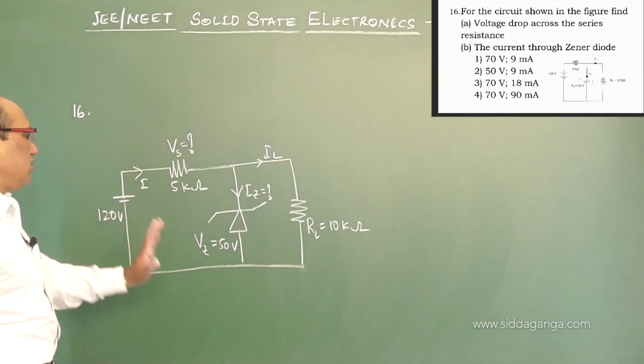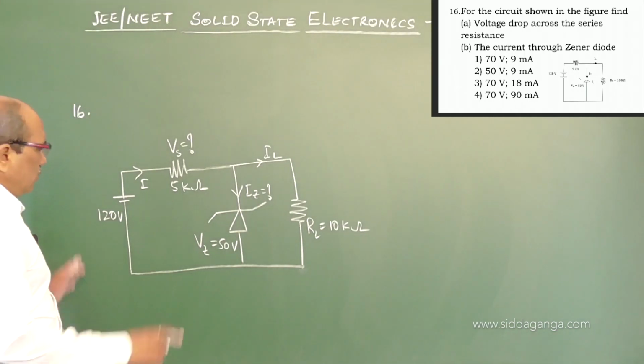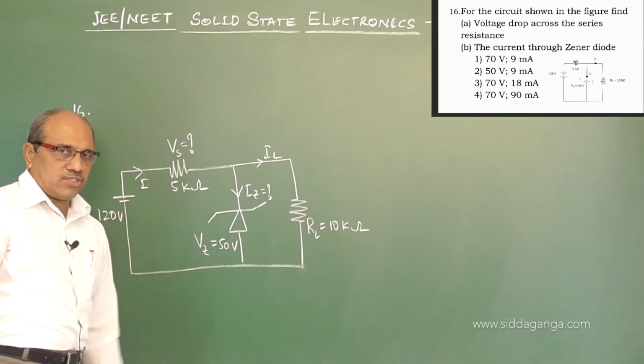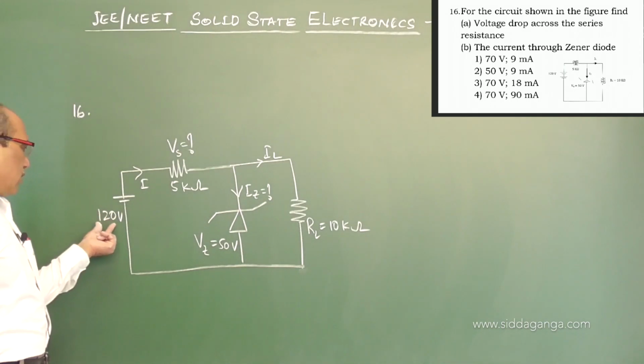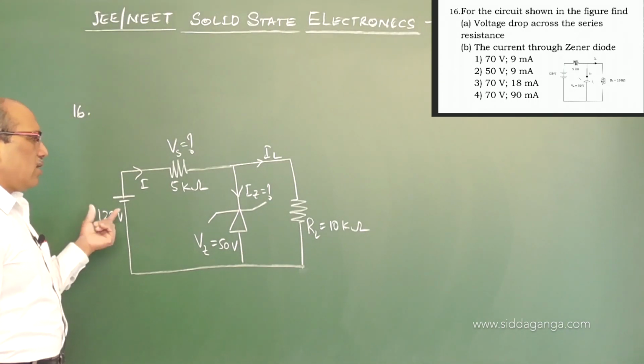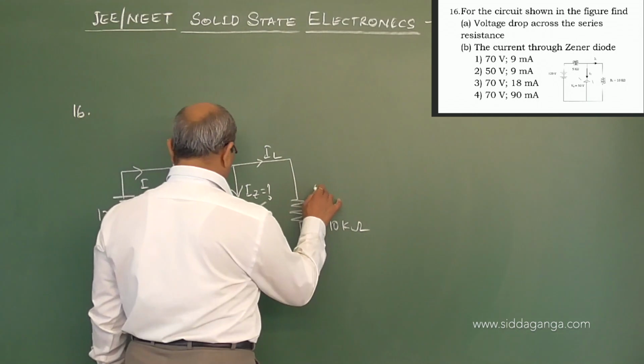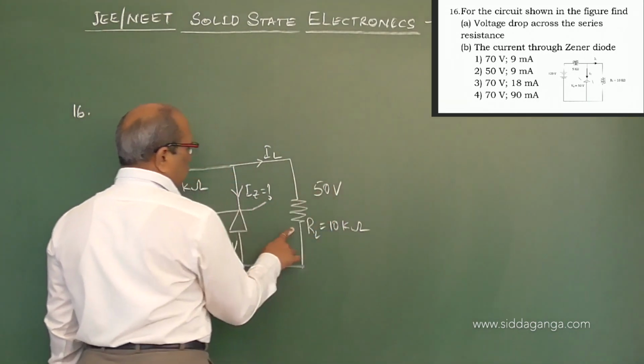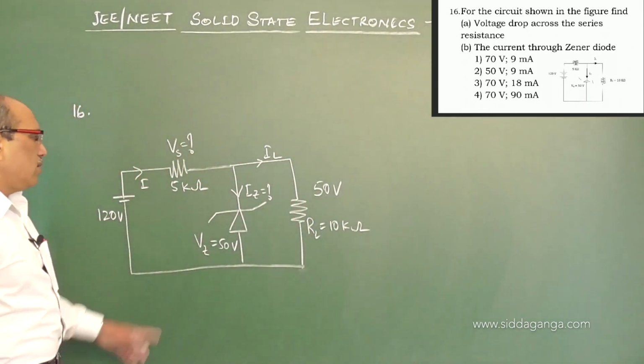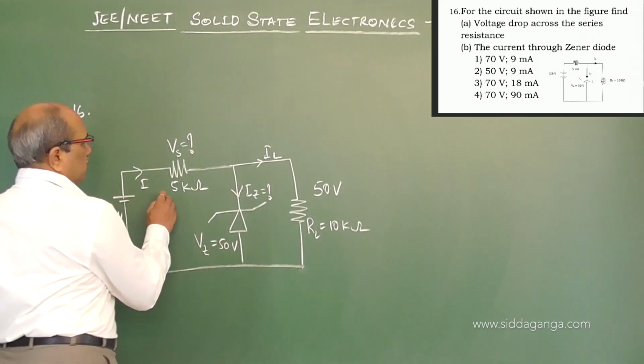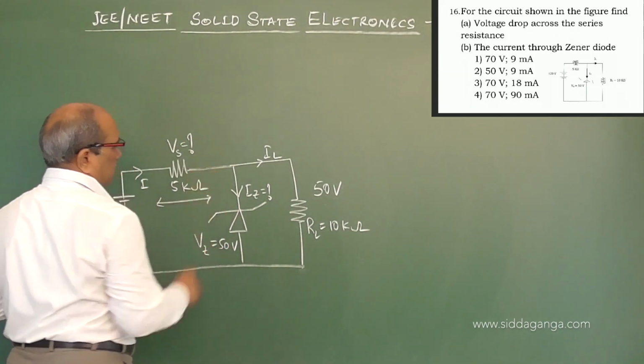How to get the answer? It needs the knowledge of, again I am saying, Ohm's law and circuits. Supply voltage is 120, and the voltage across the load is also 50 volt, because these two are in parallel combination. When it is 50, the voltage drop across the series resistor can be obtained.